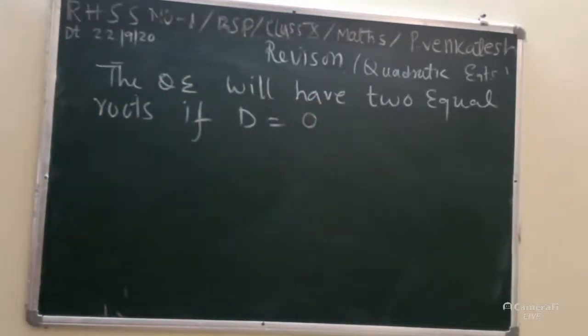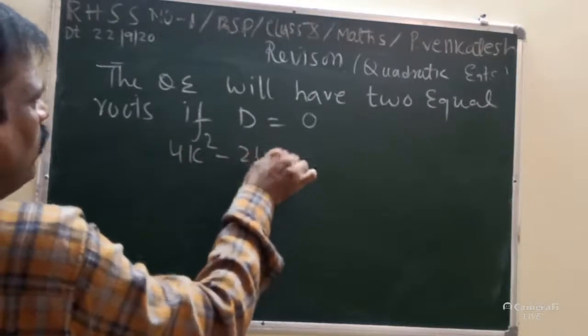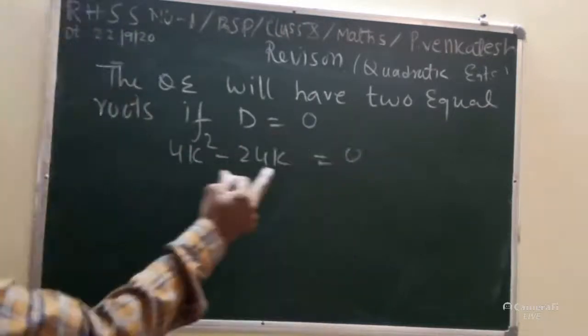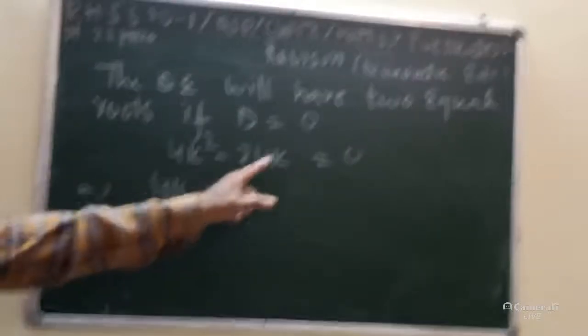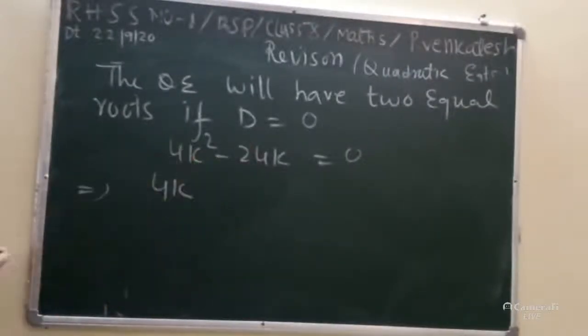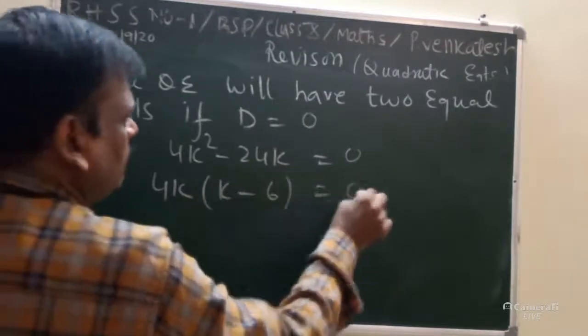And what is the value of d? How much you got? d equal to 4k square minus 24k equal to 0. Now what is common over here? 4 is common and k is also common. So we'll take them outside. This will become 4k into k minus 6 equal to 0.